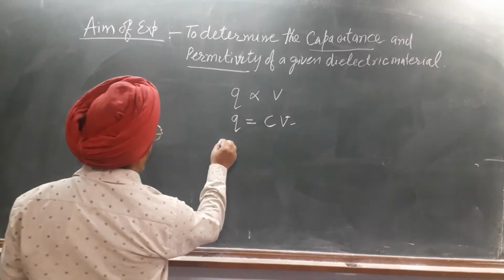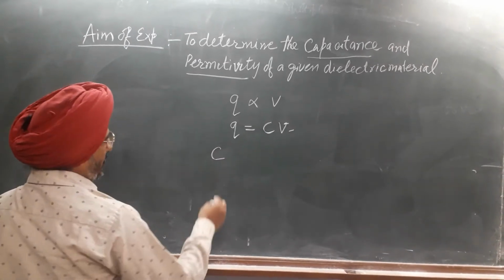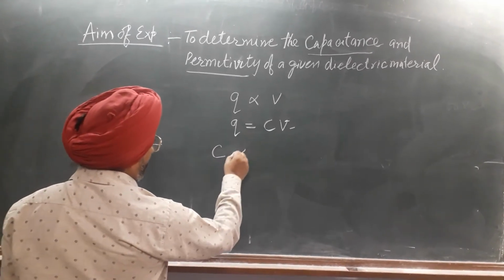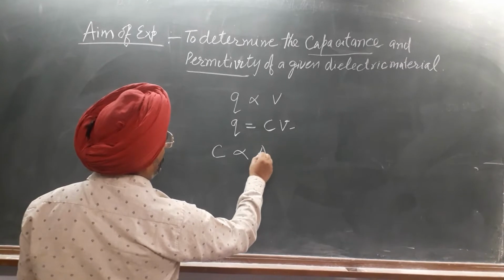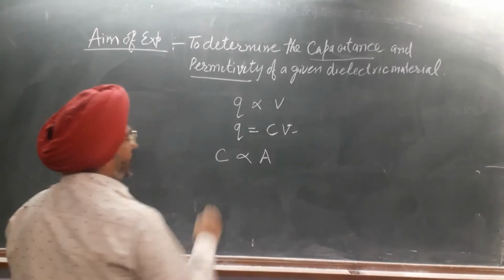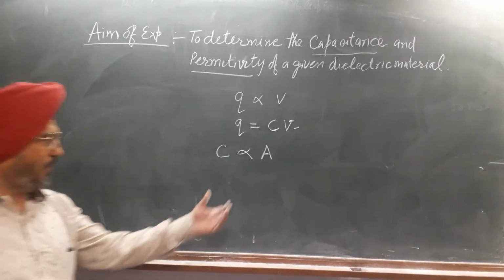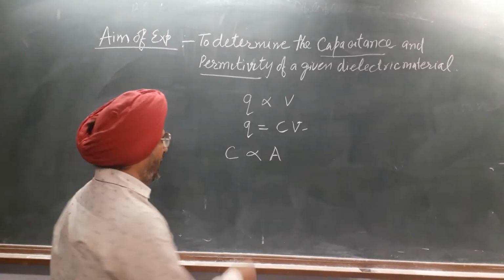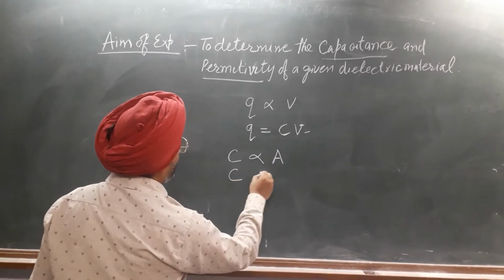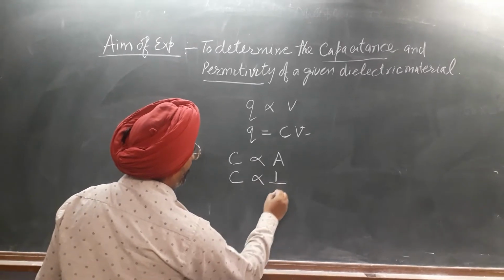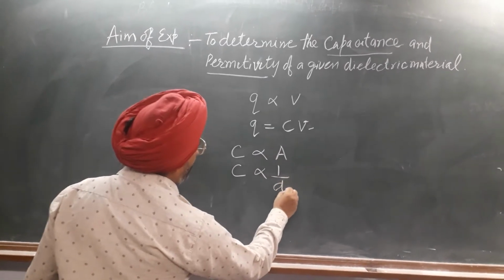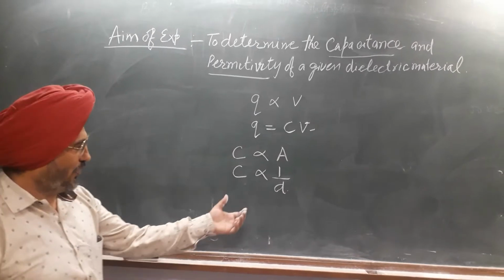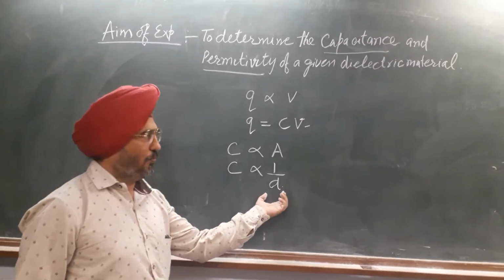The capacitance of a capacitor is directly proportional to the area of overlap of the two conducting plates, and C is also inversely proportional to the distance or separation between the two plates.